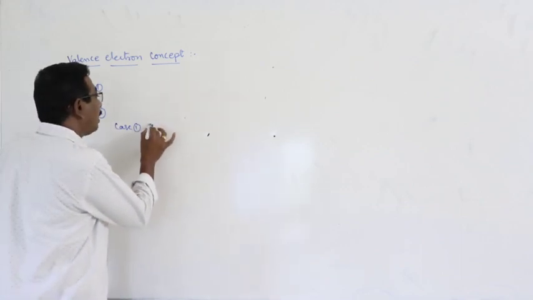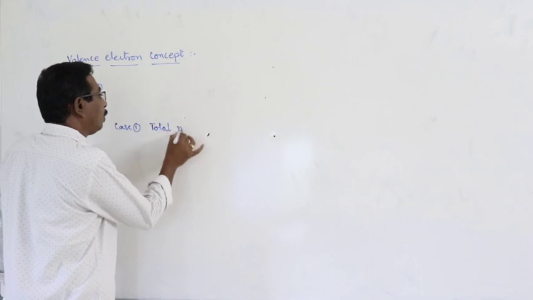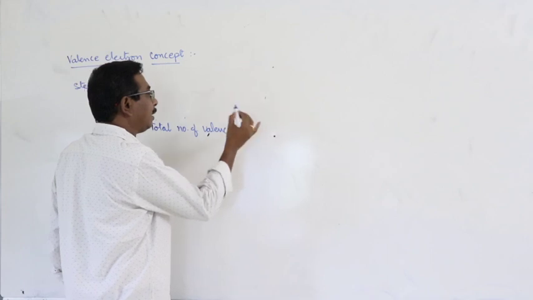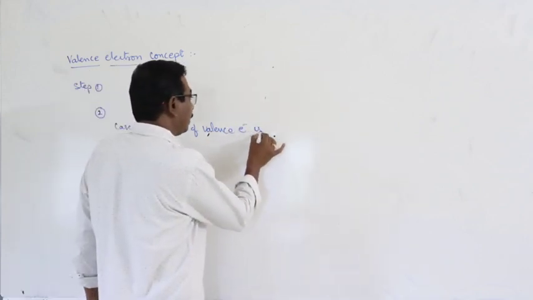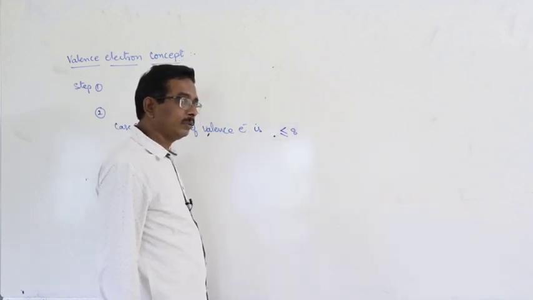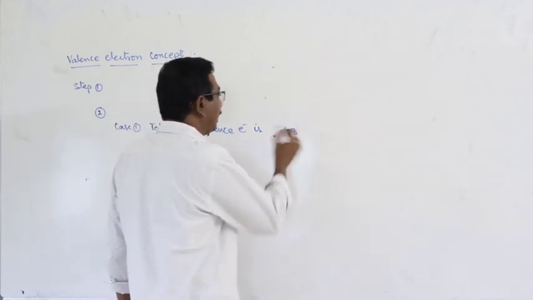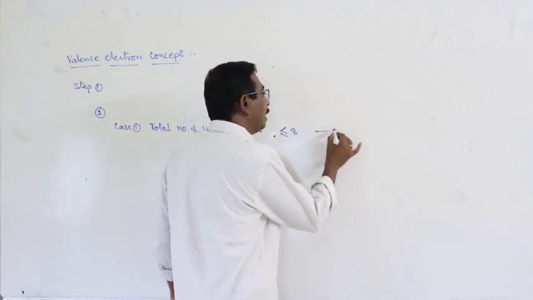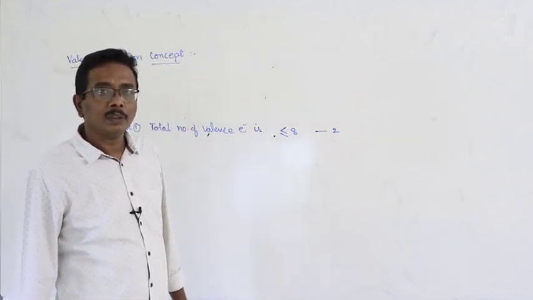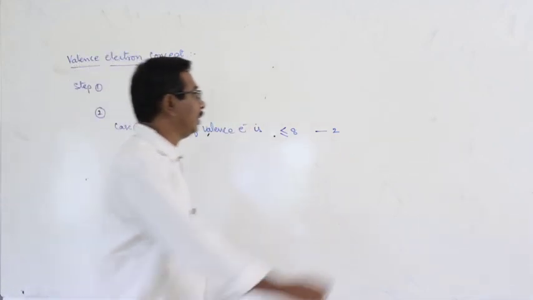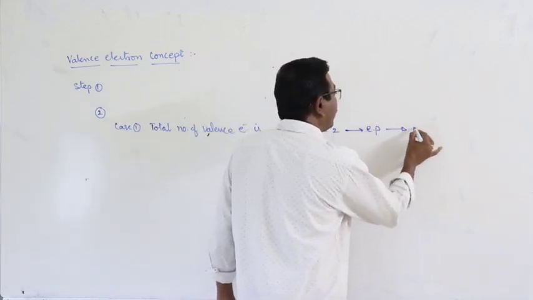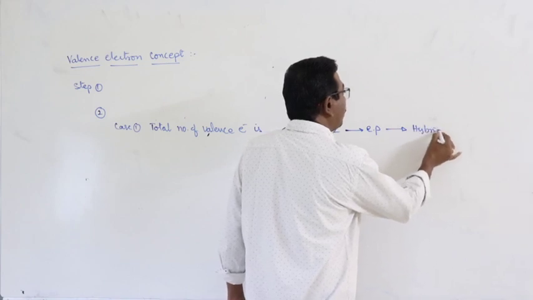If the total number of valence electrons is less than or equal to 8, then that number should be divided by 2. Then we can calculate the number of electron pairs. From that we can evaluate the type of hybridization.